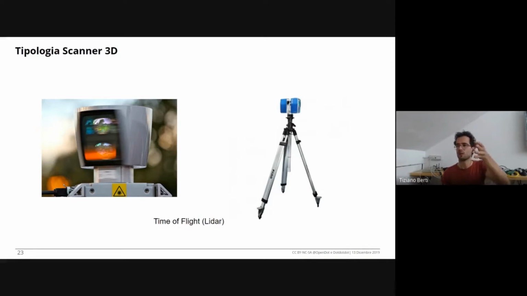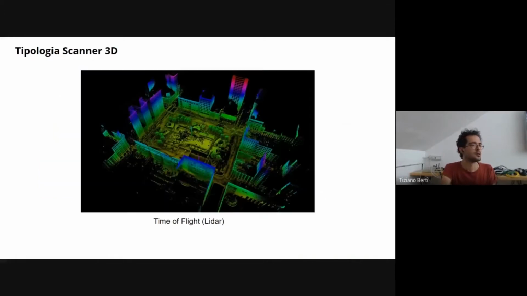If you do that with an array of lasers and scan pretty fast, you will know in real time how the world is around you. That's one of the technologies used for the vision of autonomous cars. So an autonomous car will see the world around it in this way.